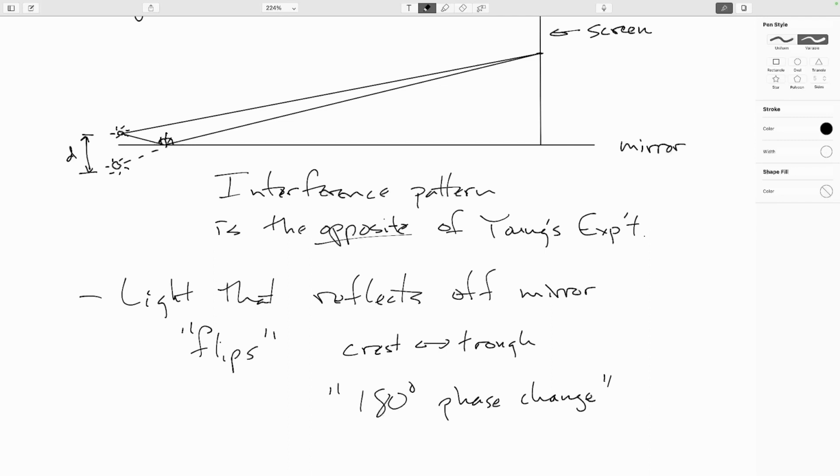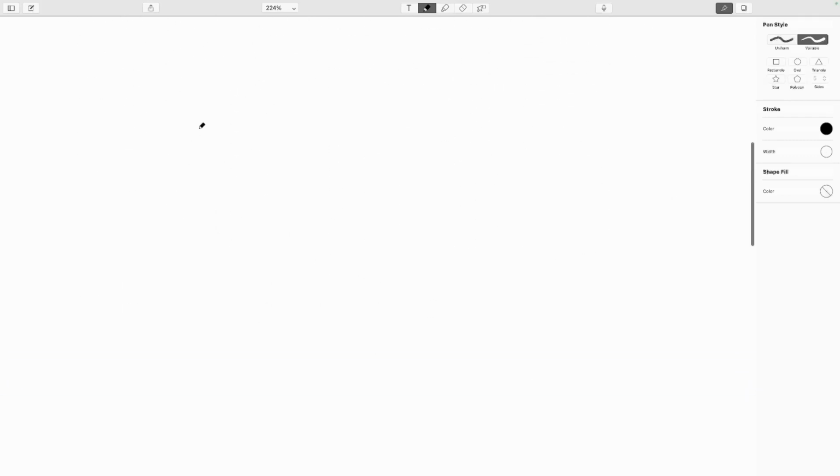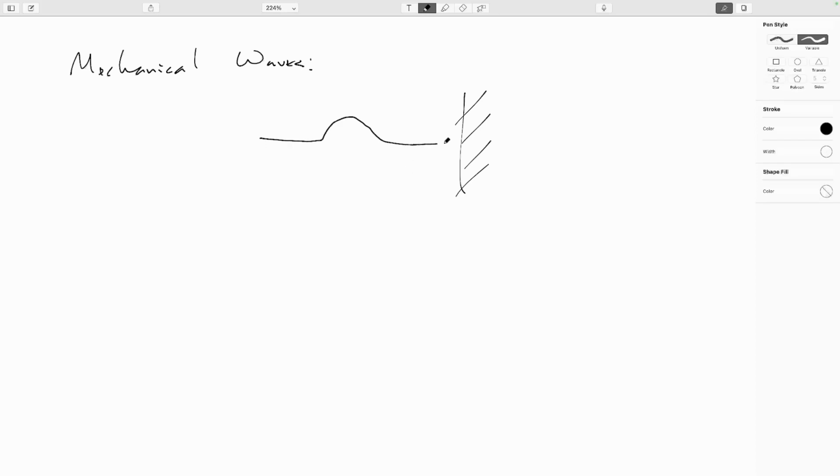And we have seen this kind of thing before with mechanical waves. So just as a quick reminder with mechanical waves, if I had an end that was fixed like so, if I had a pulse come in like so, when it would reflect back out, it would get reflected back out upside down.